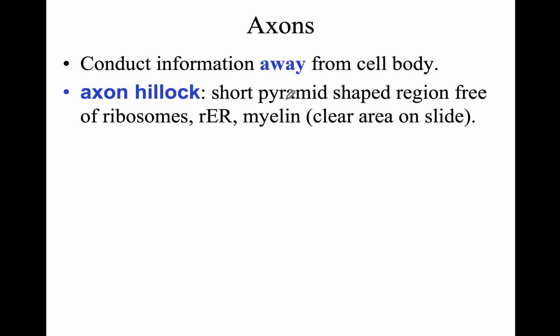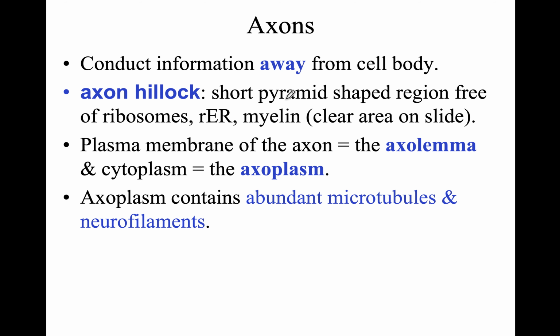The second structure we have in the neuron is the axon. Any structure that conducts information away from the cell body we call the axon, and usually each neuron has only one axon. The beginning of the axon is called the axon hillock, which is a short pyramidal-shaped area. This region is free of ribosomes, rough endoplasmic reticulum, and myelin sheath.